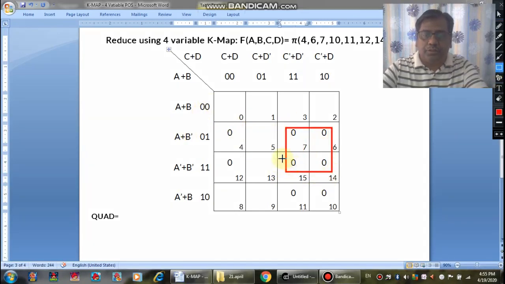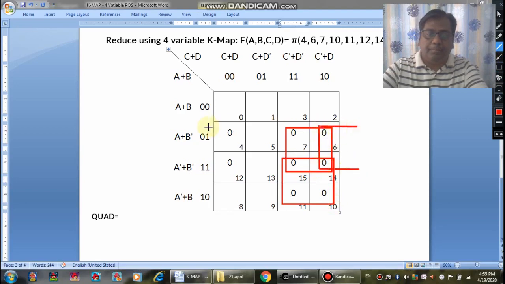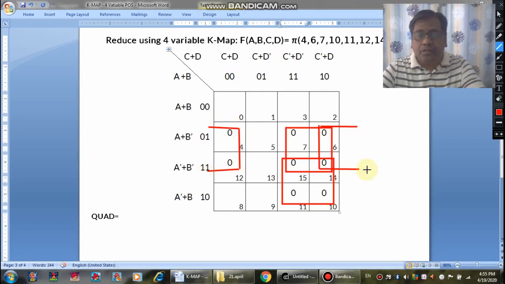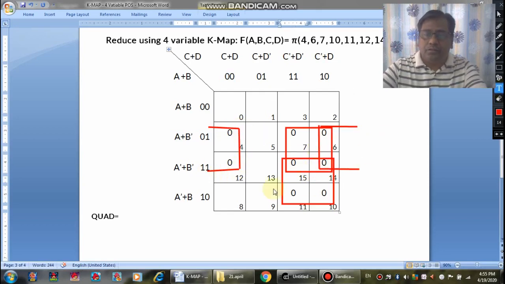This is the first quad, this is the second quad, and the third quad is by the help of a map rolling. Now, just try to write the expression for this K-map.